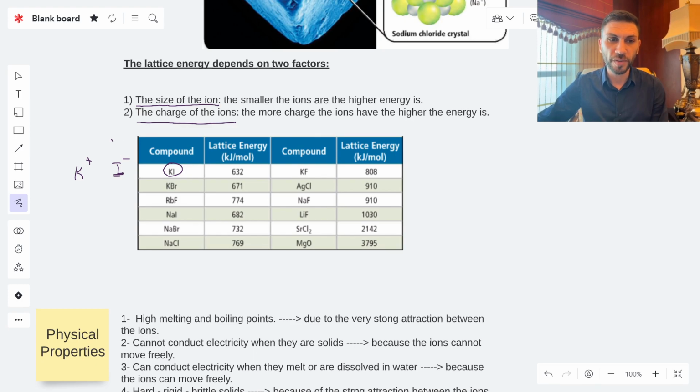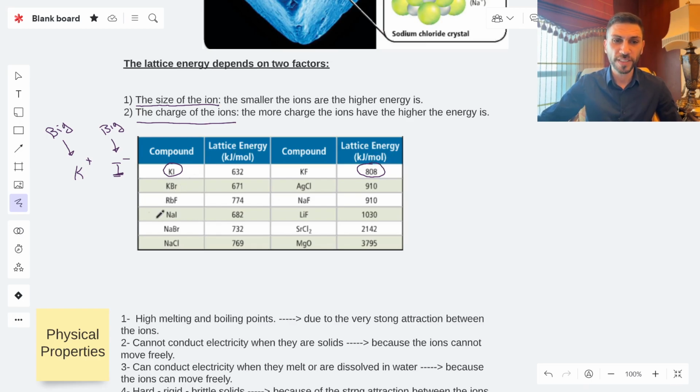And also the I ion is a very big ion, and the potassium ion is a big ion. So they have big size, not small, and they have low charge, not big. So that's why the lattice energy is only 808 kilojoules per mole.